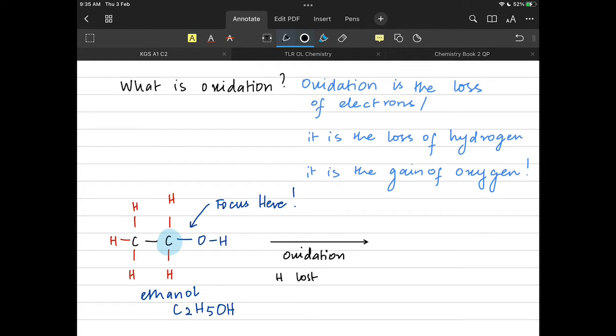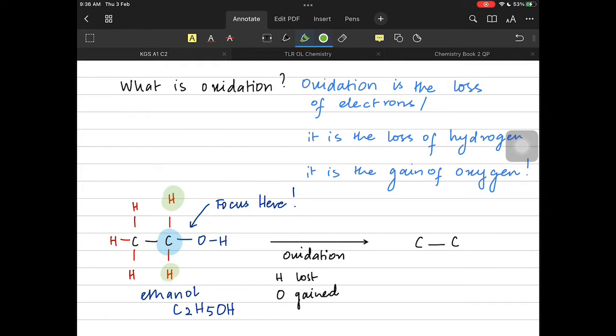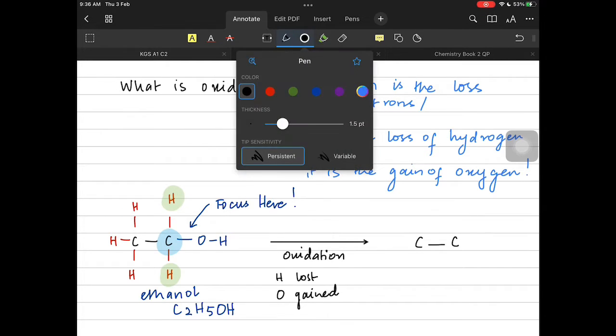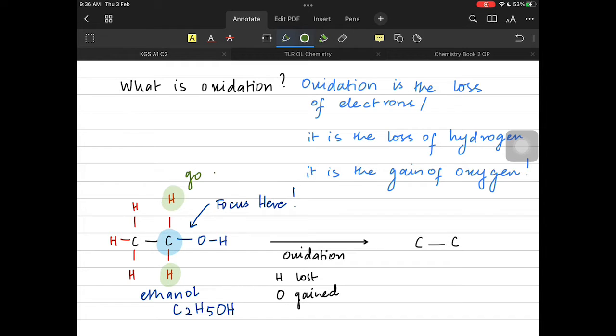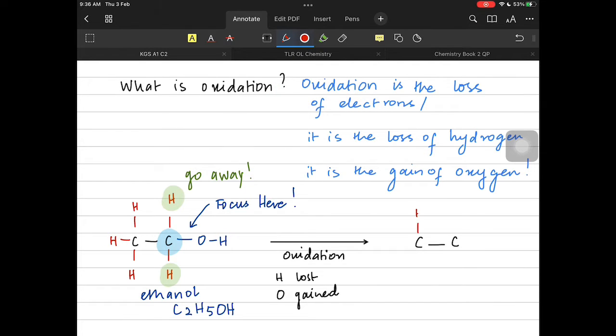After oxidation, the hydrogen atoms are lost and an oxygen atom is gained. So the number of carbon atoms remains the same, but the carbon under focus loses the hydrogen atoms. So hydrogens go away from that particular carbon which has the OH attached on top of it.